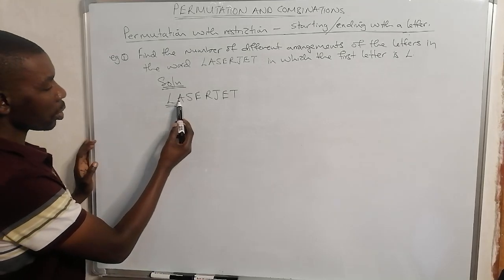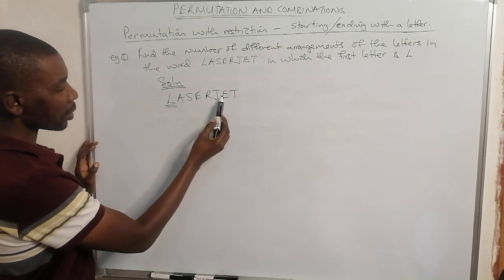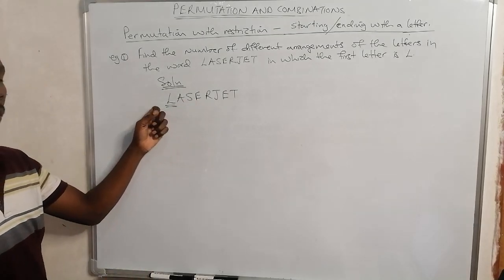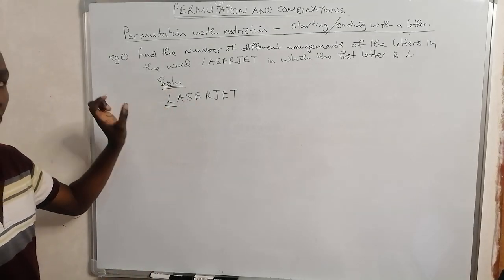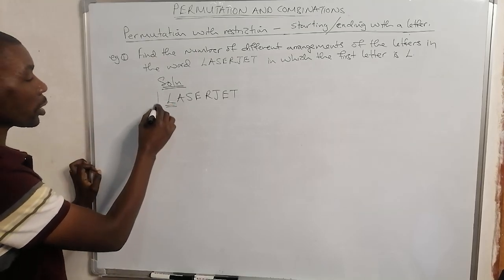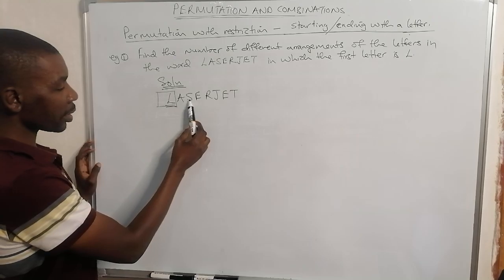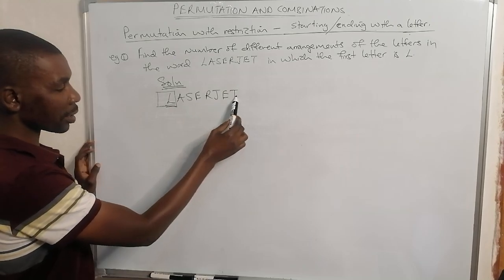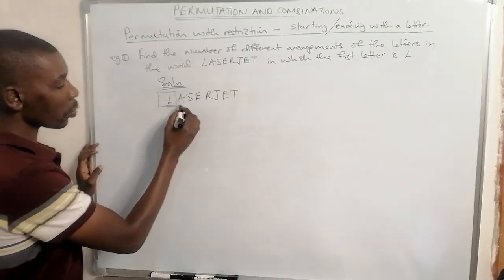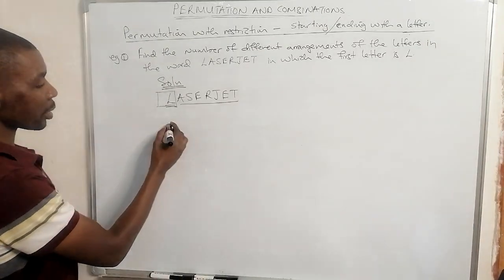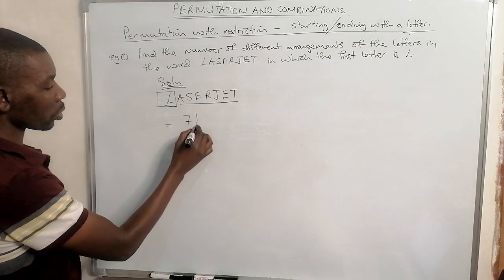We have 1, 2, 3, 4, 5, 6, 7, 8. But since L is not going to change position, we are going to ignore L, which means we are going to have 7 letters. So we are going to deal with the remaining letters only, and on the remaining letters, it's 7 factorial.